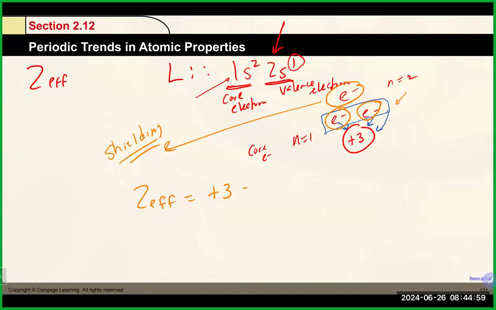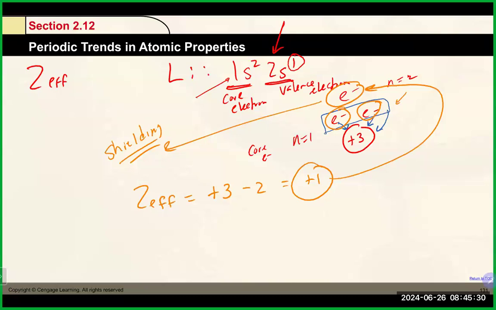In this case, there are 2, so we have a -2 charge. What that valence electron in this simple example is actually feeling in terms of attraction to the nucleus is only a +1 charge. So instead of feeling the full strong +3 charge like the core electrons, it's only feeling a +1 attraction, which means it is definitely not going to be held as tightly, right?